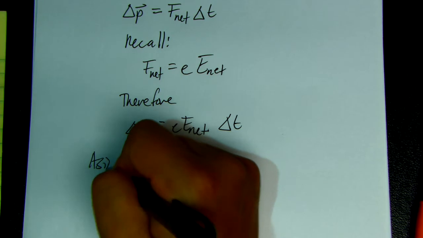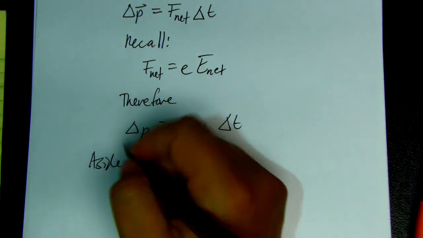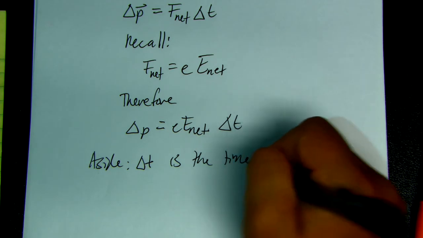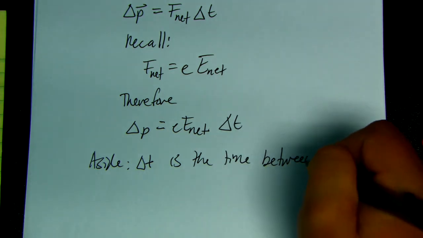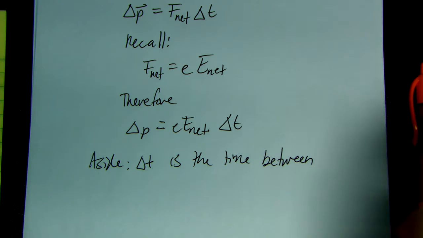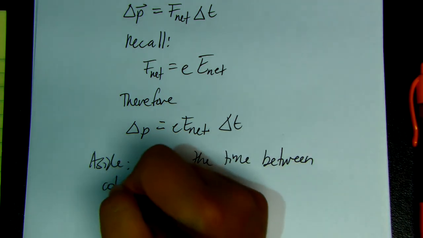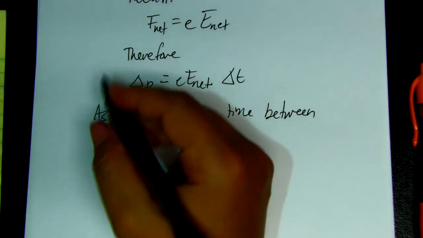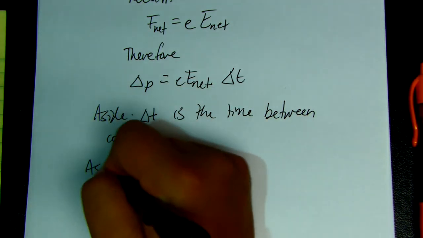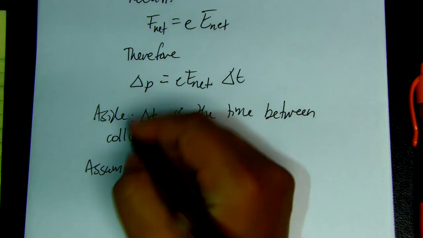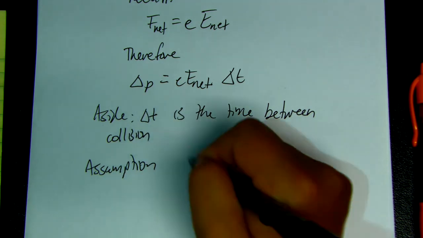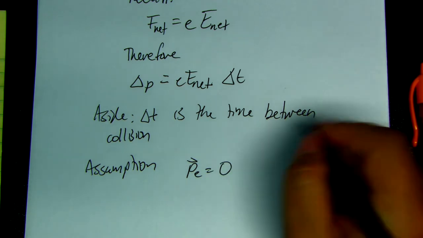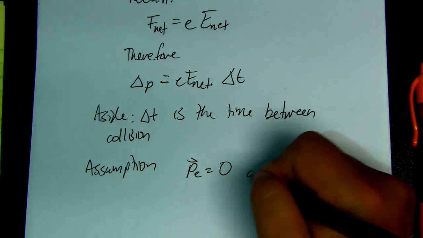And just a quick aside, what is this delta t, you might ask? Delta t is the time between collisions, because the collisions are what are accelerating these electrons around. I mean, we're really into crashing things in physics. And we're going to assume that the momentum of the electron is 0 during the collision, so it comes to a full stop.